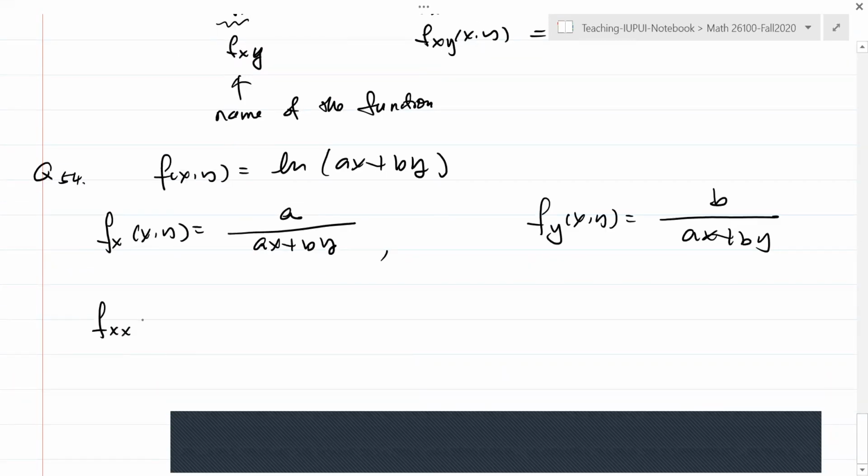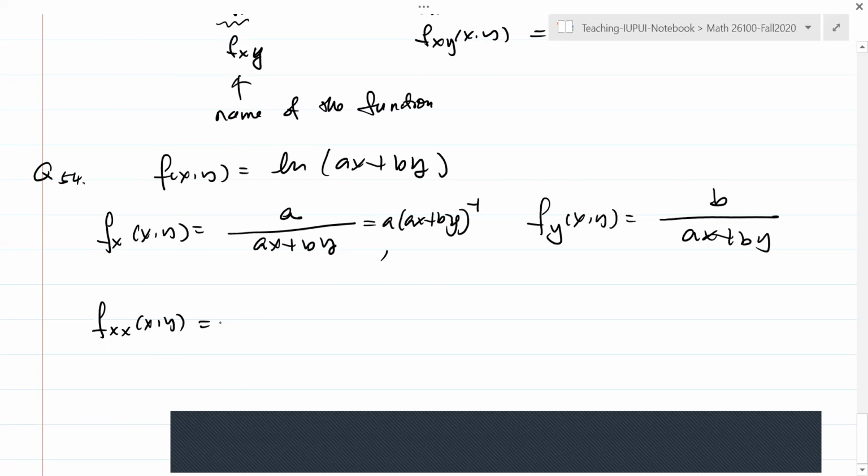So f sub xx, the partial derivative with respect to x. If you write this as ax plus by to the negative 1, that's much easier.